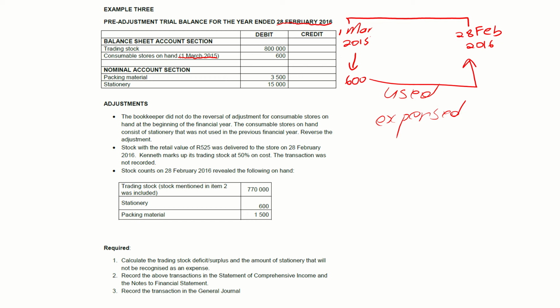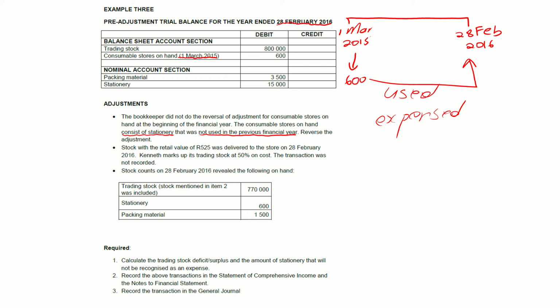But we need to find out what made up that consumable stores. It says the consumable stores on hand consists of stationery that was not used in the previous year, meaning that we need to expense stationery. By expensing, we need to expense that 600 rand.